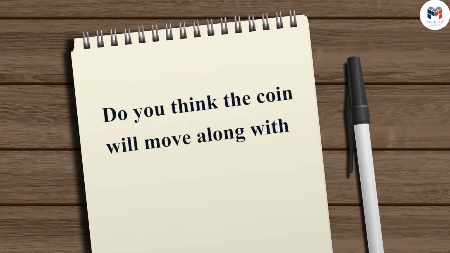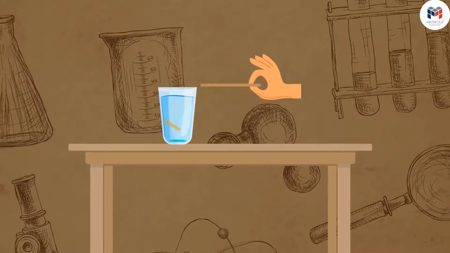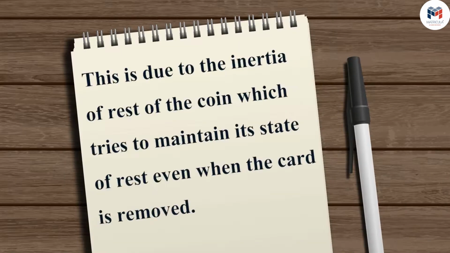Do you think the coin will move along with the card? Well, that might happen if you move the card slowly. But if you pull the card really fast, the coin above it will fall vertically downward in the glass, instead of moving along with it.